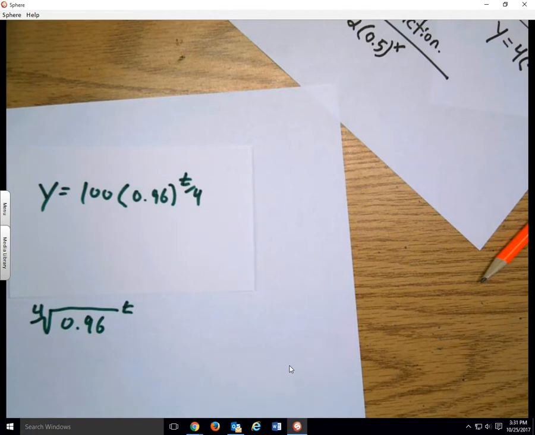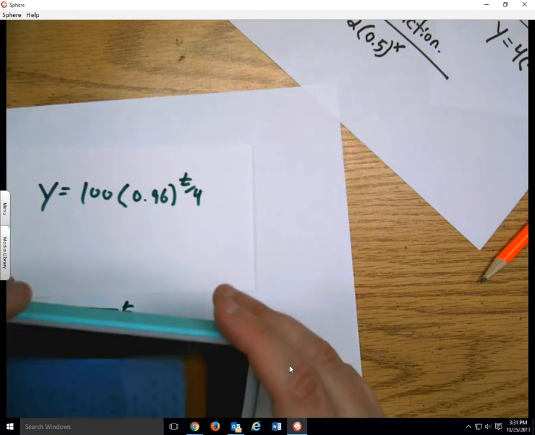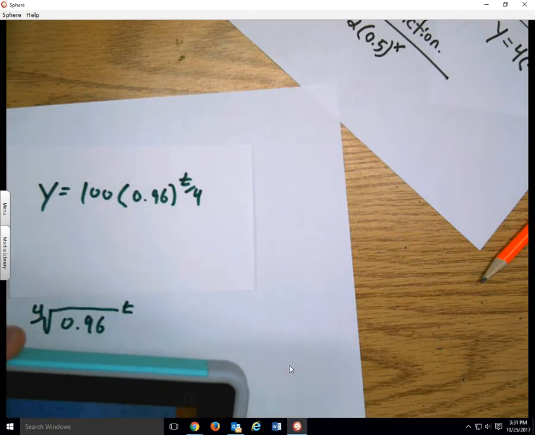Basically, what 4 numbers can you multiply together to get 0.96? What times what times what times what is 0.96? And if you want, you can always pull out your phone. If you have a scientific calculator, you can push the caret symbol.